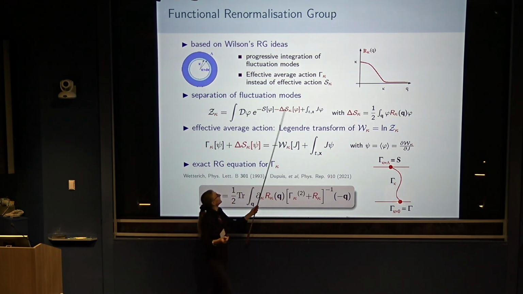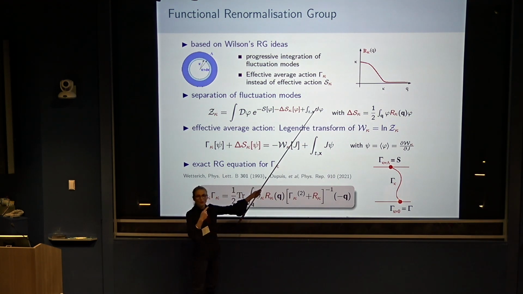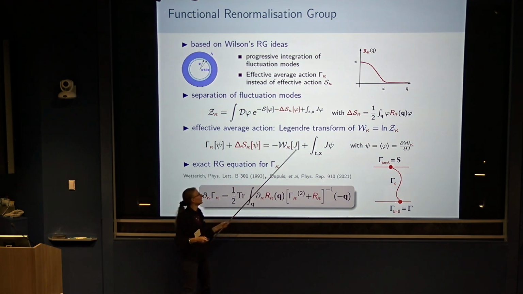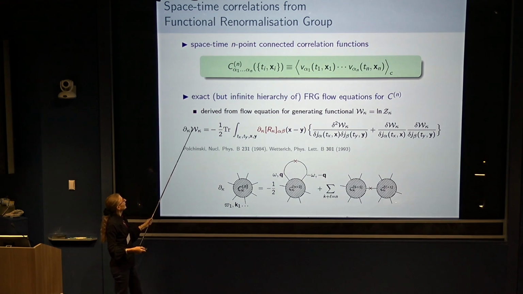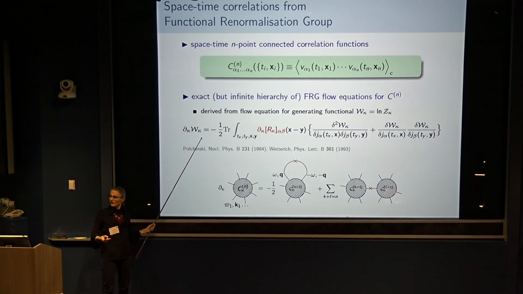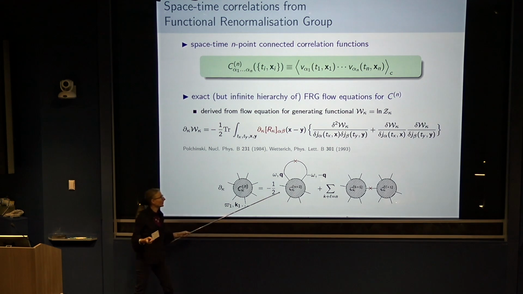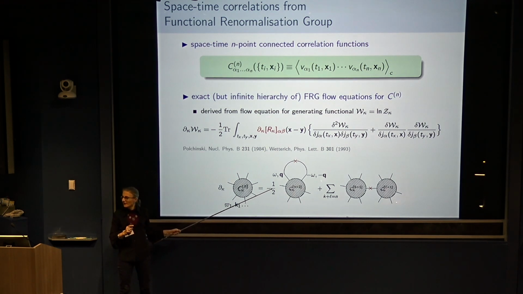By taking derivatives with respect to this, which you have coupled linearly to the field, you will generate all the correlation functions, okay? And so once you have the exact equation for your generating function, you just take n derivatives, and you end up with the flow equation for any correlation function. So it's not important, the precise form. The only message here is that this equation is exact, but it's not closed.